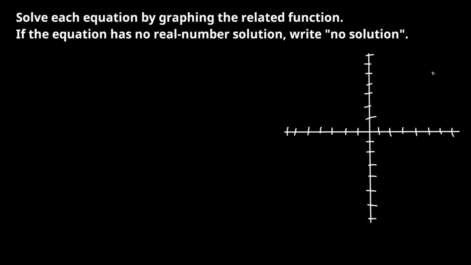So we want to solve each equation by graphing the related function. If the equation has no real number solution, write no solution. So we're given this equation, and we want to solve it by graphing the related function. So we want to know what x squared is. So x squared looks like this.